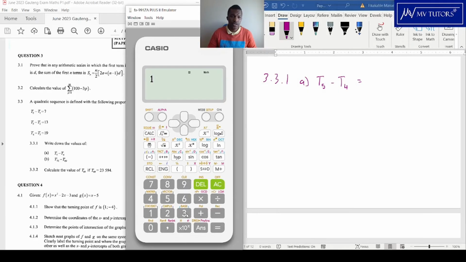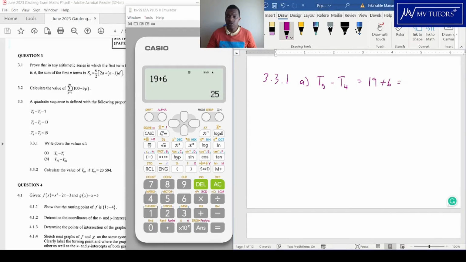T2 is 13 minus 7, which gives us 6. That means the difference is 6. We said 7 plus 6 is 13. 13 plus 6 is 19. So the next one should be 19 plus 6, which will give us 25.